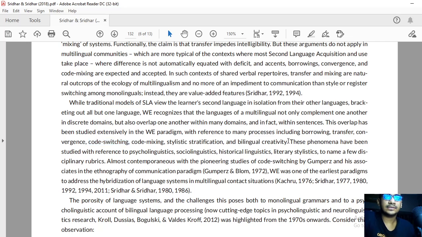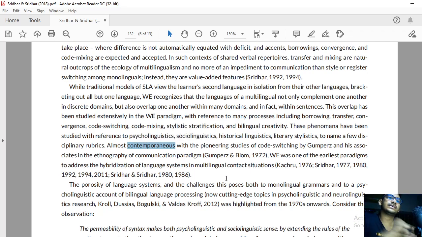These phenomena have been studied with reference to psycholinguistics, sociolinguistics, historical linguistics, and literary stylistics, to name a few disciplinary rubrics. Almost contemporaneous. So remember I said that contemporary means the time at which we are talking about, right? Normally contemporary means modern, but here it refers to the pioneering studies of code switching by Gumperz and his associates.